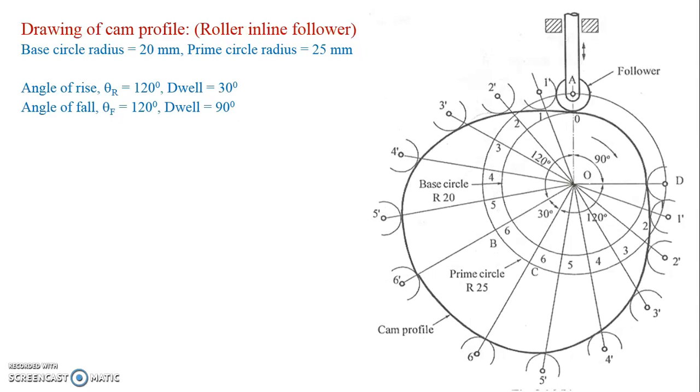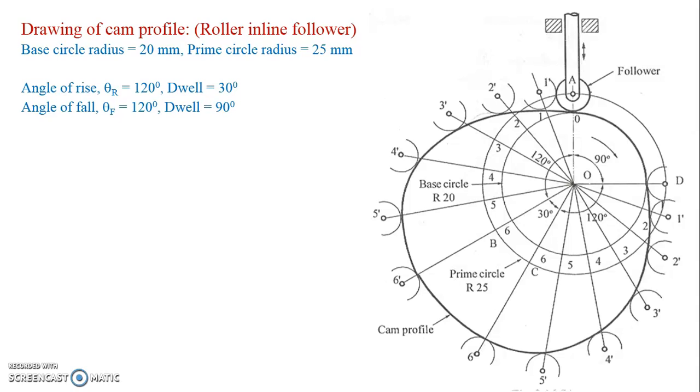Keeping OA as reference with the protractor, start identifying all the angles, divided into 6 equal parts, and all the 6 equal parts should be marked on the prime circle, just like we did in the last class. All these 1, 2, 3, 4, 5, 6 should be marked on the prime circle, and then from those points draw lines to the center O, and keep on extending.